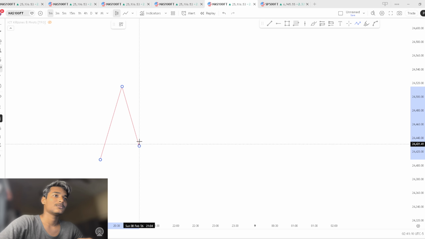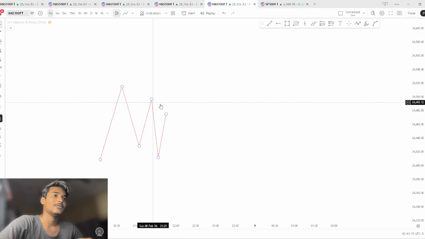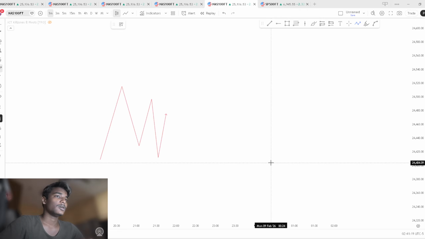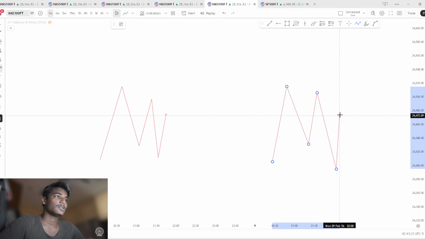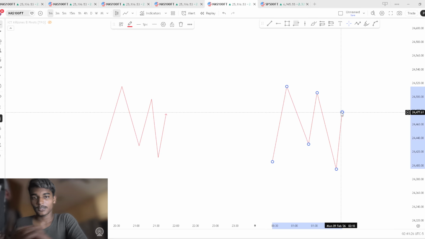Suppose the market is moving like this. It has relative equal highs here. We have two scenarios in which you can see that the market is moving like this.